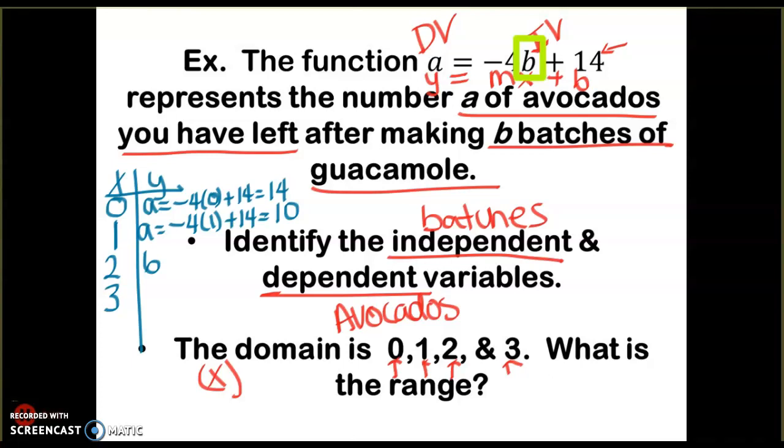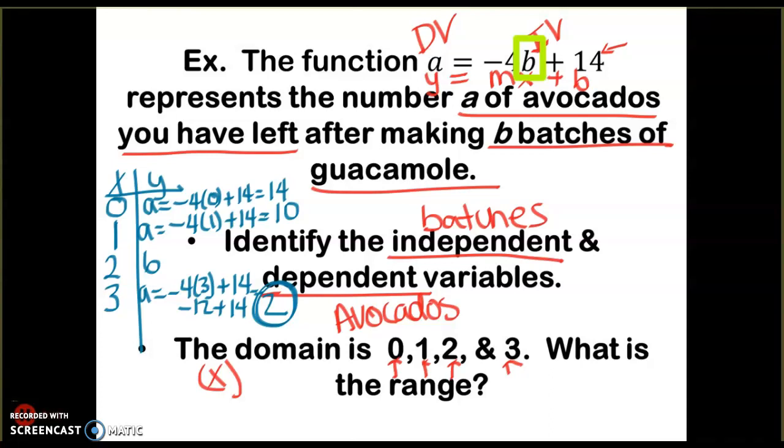I can even plug it in. That's the best part about this. You can plug it in, which is negative 12 plus 14, which gets me 2. I've got 2 avocados left. Can I make another batch? I can't make another batch because I need 4 avocados, and I'm only left with 2.